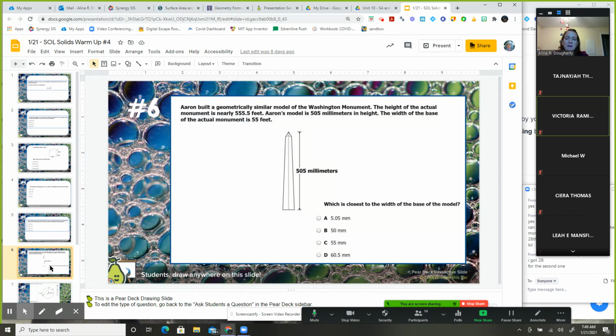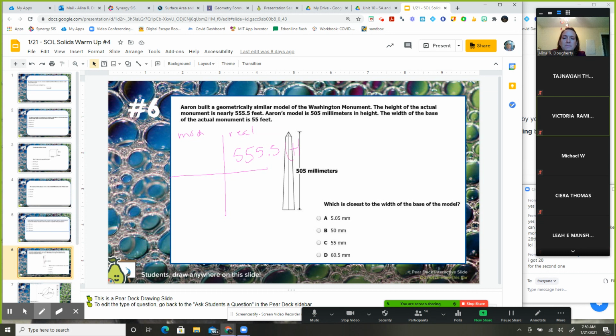This one's kind of weird, and we haven't done any examples like this, I don't think, with scale models. But basically, you're going to do a proportion here. So Aaron built a similar model of the Washington Monument. And the height of the actual monument, so I've got a model and a real Washington Monument, right? So the height of the actual monument is 555.5.